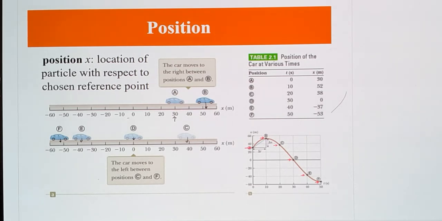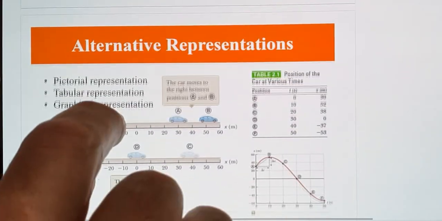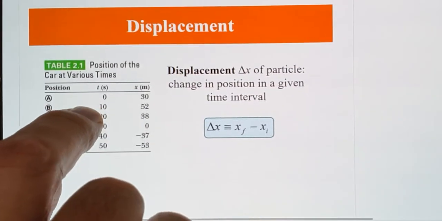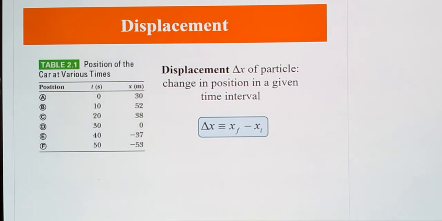Okay, now let's start. First of all, let's talk about displacement. When we say displacement, that is a vector. It has a magnitude and a direction.